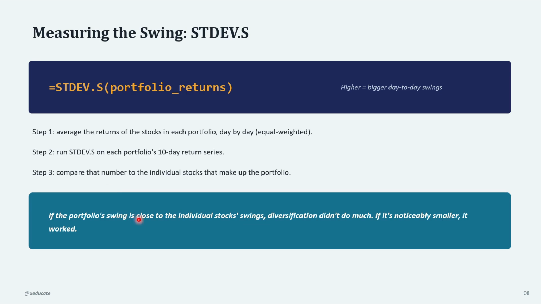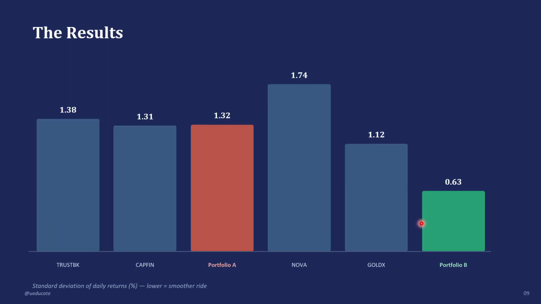If the portfolio swing is close to the individual stock swings, diversification didn't do much, just like in the concentrated portfolio. If it's noticeably smaller, it worked. So we have the individual standard deviation and the portfolio standard deviation; in the concentrated case they're not much different, and where they differ, that's where we can see diversification.